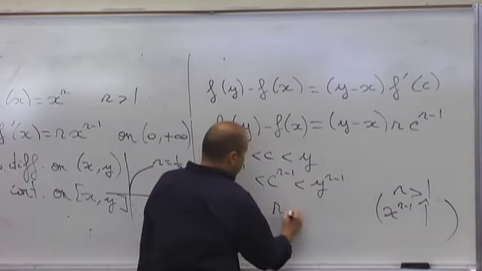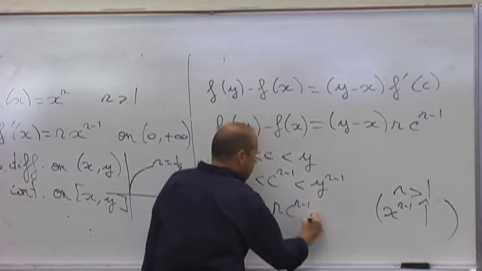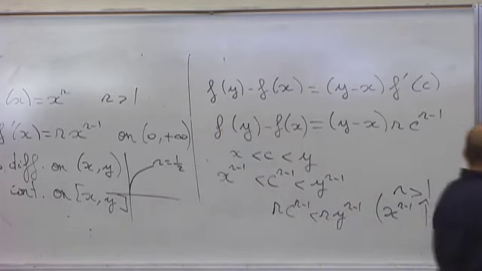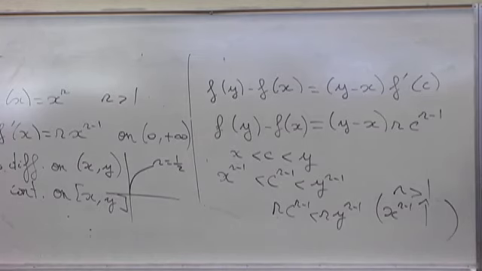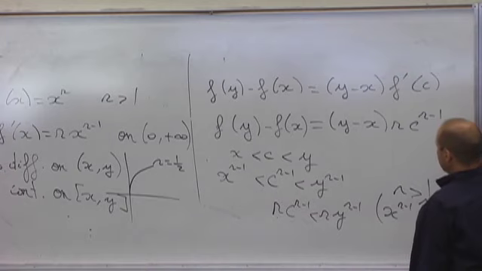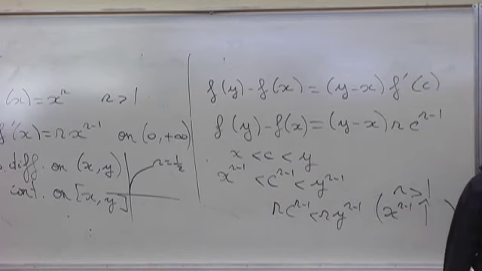We need the upper bound, so we would do this, y to the r minus 1. And therefore we end up with r c to the r minus 1 is less than r y to the r minus 1.